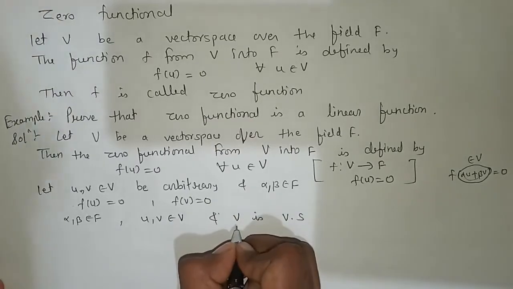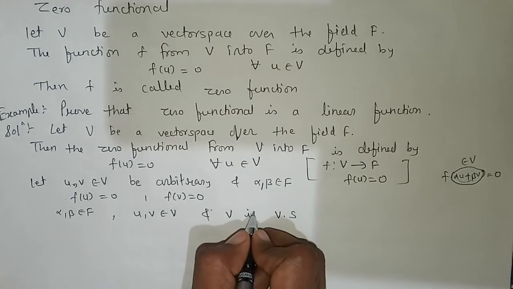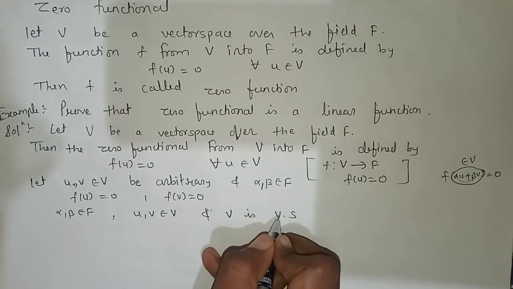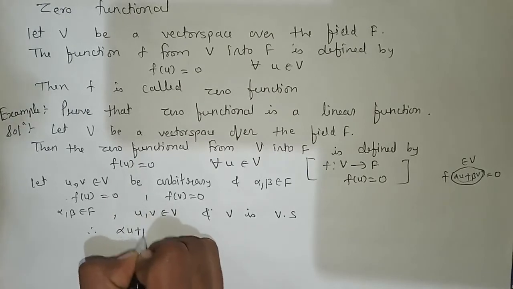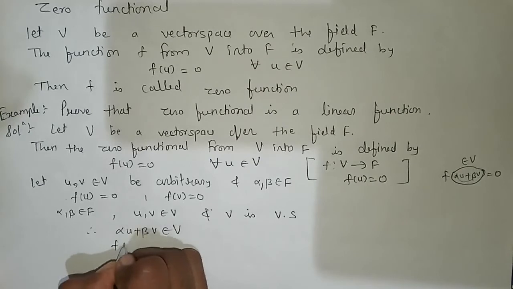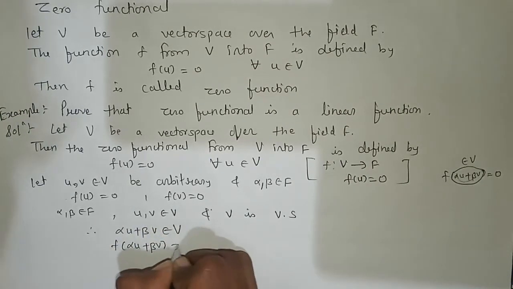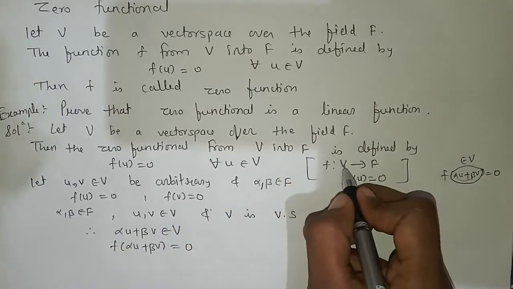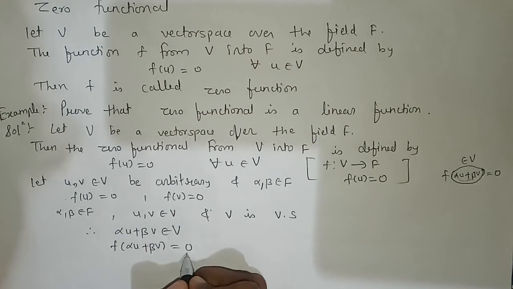So as V is a vector space, V itself is a subspace of V. Then we can say that alpha u plus beta v also belongs to V. If this belongs to V, then f of alpha u plus beta v is equal to 0, since it is our zero functional. So if any element belongs to V, then its f image is always 0.